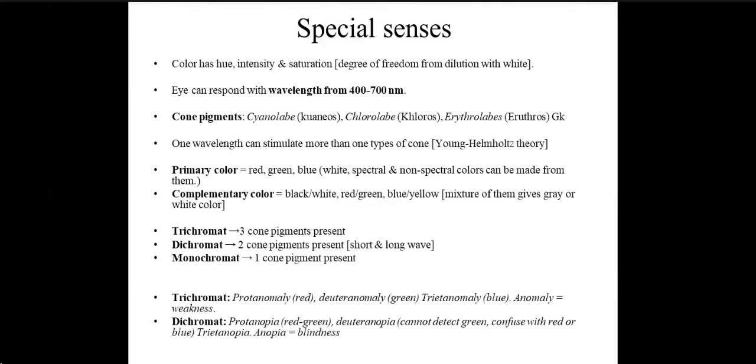Dip the brush in red again and apply it on top, so intensity is more and more. That is intensity. Another is saturation. Saturation means degree of freedom from dilution with white. So one drop red, one drop white, it becomes a faded red. Again one white drop mixed with that, it will be pinkish. That is called saturation. So color has hue, intensity and saturation. Clear? Understand?